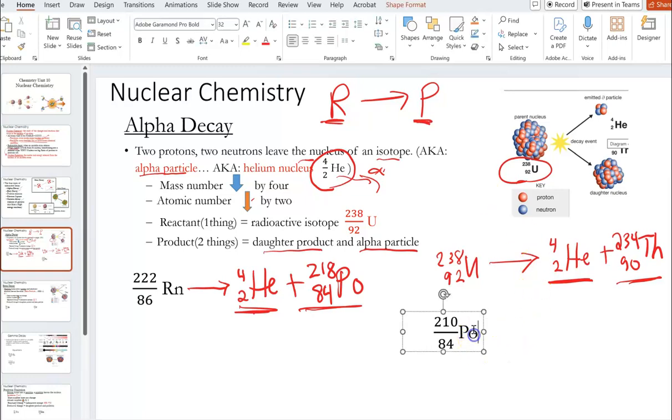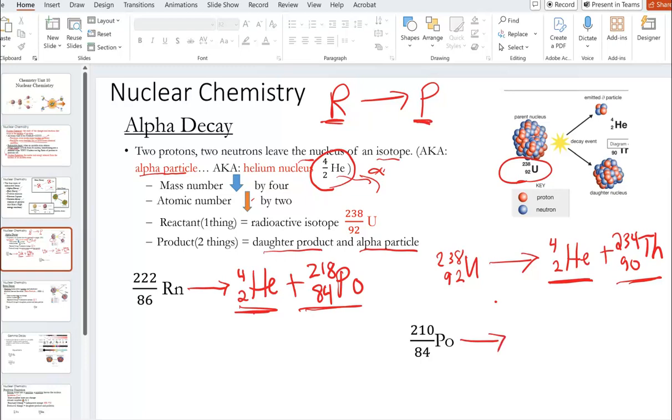Let's do one more. Okay, so polonium 210 will also break down through alpha decay. Since it's alpha decay, I know for sure it produces an alpha particle and a new daughter product. So 210 minus 4 is 206.